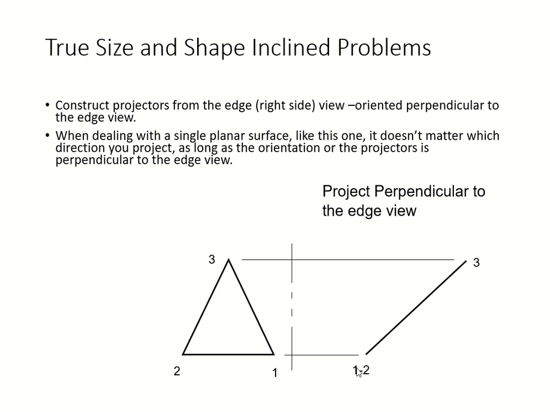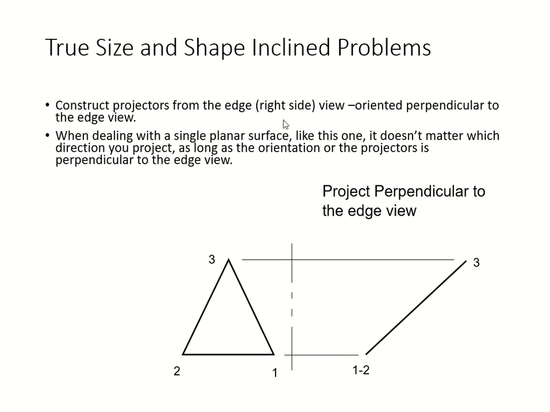When you take a look at it, you see only a line of this guy, but the projectors are definitely perpendicular, sorry, to the edge view. So when dealing with a single plane or surface, it doesn't matter which direction you project, as long as the orientation of the projector is perpendicular to the edge view.